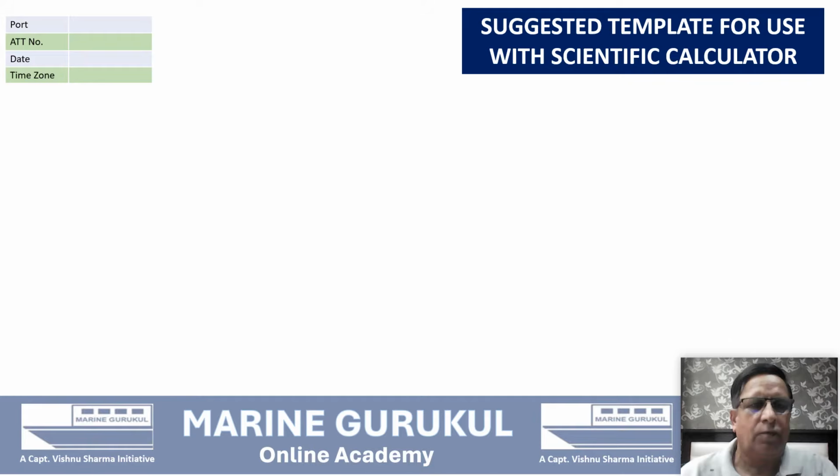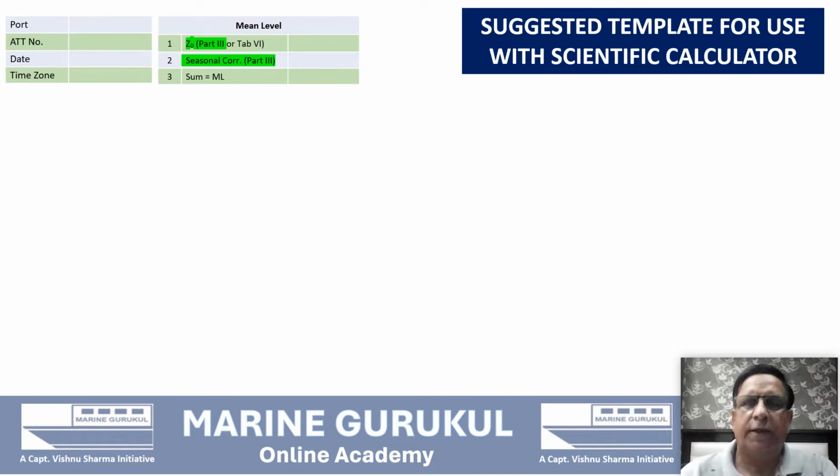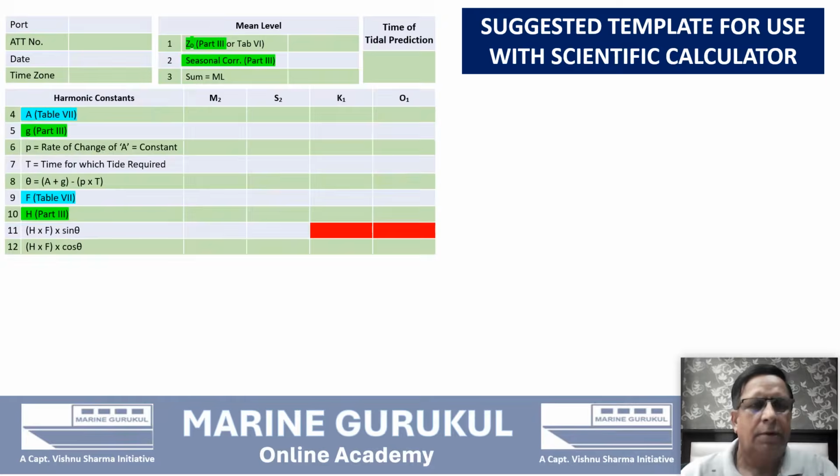Section 1 is where generic information is captured, like port, ATT number, date and time zone. Then another section where the mean level shall be computed, and the lines here are serial numbered 1, 2 and 3. We shall also be recording the time of tidal prediction as per the time required.